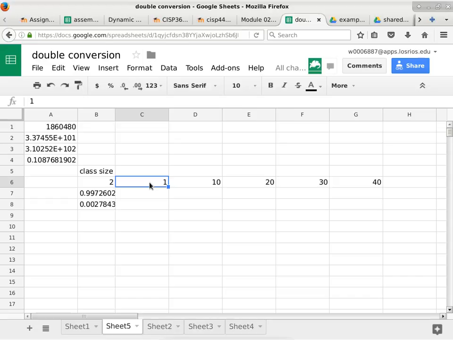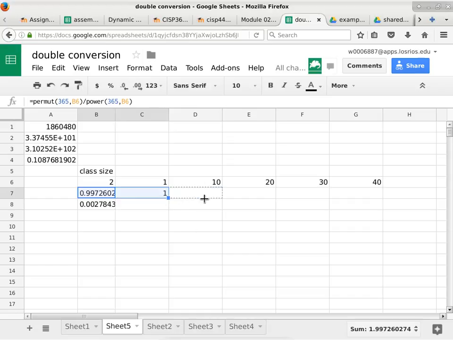How many ways can I choose 1 thing out of 365? 365 ways. What is 365 to the power of 1? 365. 365 divided by 365 is 1, which means the chance of having a unique birthday when we have a class of 1 is 1. Does that make sense? You cannot have duplicates when you only have 1, right? So that's why these numbers actually work out in this case too.